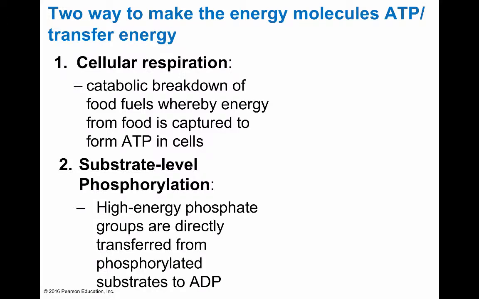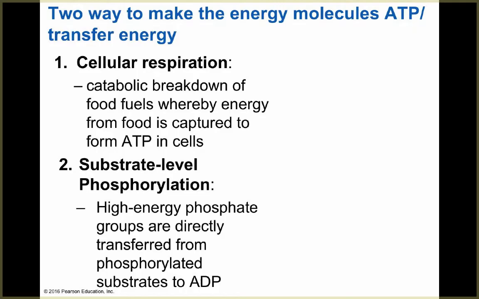And so there's two main ways of making ATP. It's either through cellular respiration or substrate level phosphorylation. So cellular respiration is a catabolic breakdown. So we're going to break things down, right?